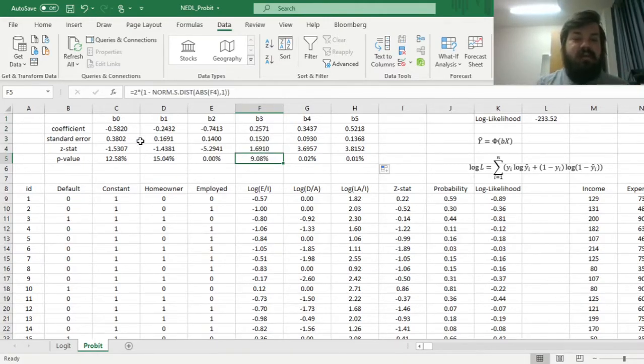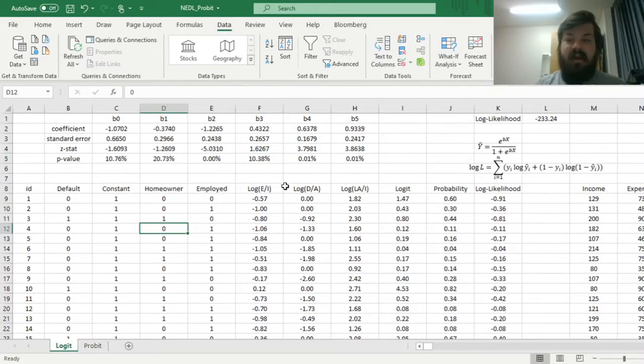And if we compare the results to the results of the logit model that we have estimated previously, we can see that the log likelihood is slightly lower for the Probit, meaning that logit is marginally more applicable to our dataset, but the difference isn't huge, so you can use either of the two or apply some other tests to figure out what's going on and which model to use ultimately.